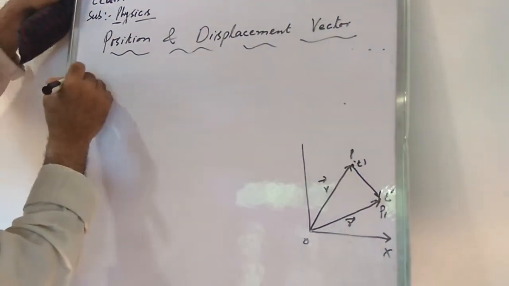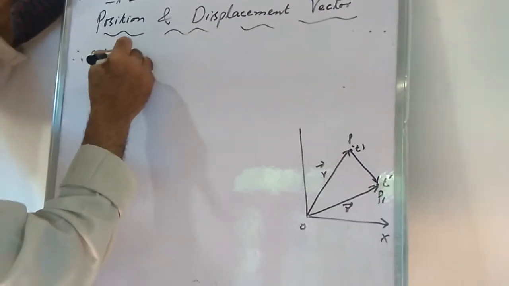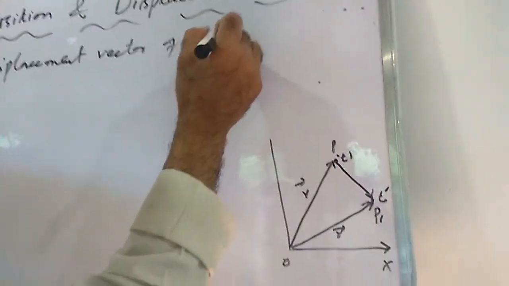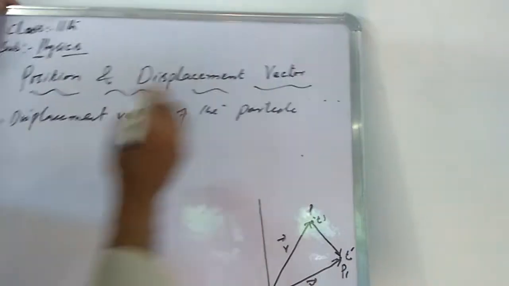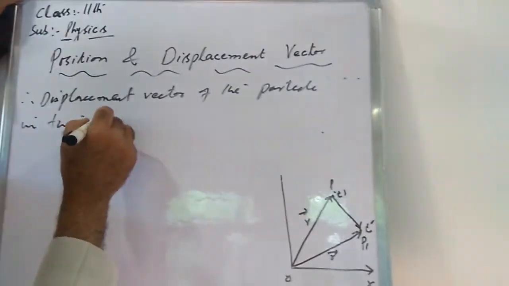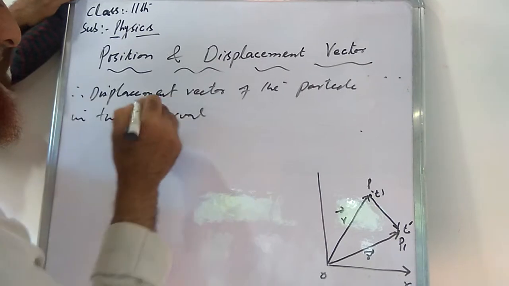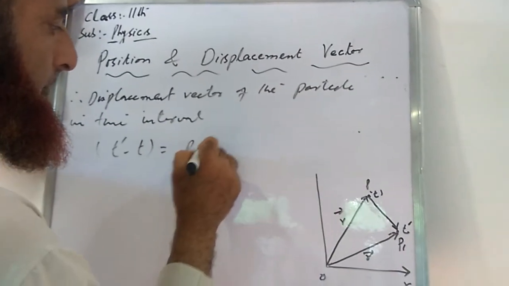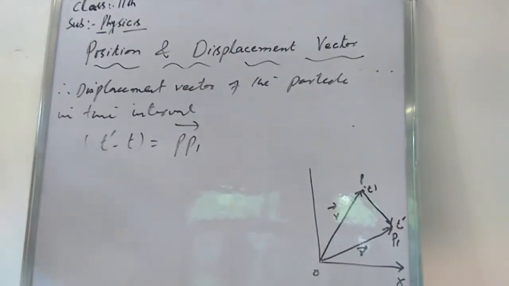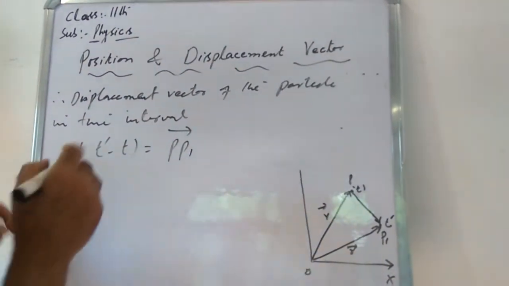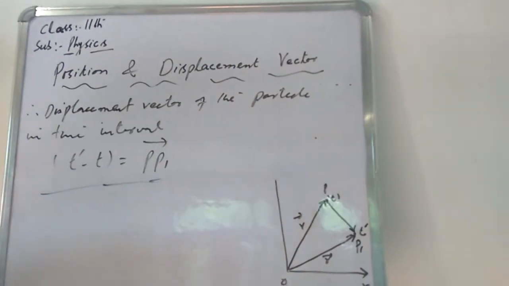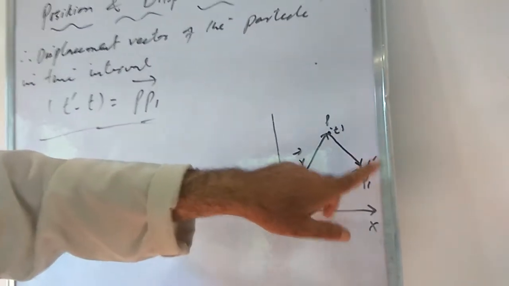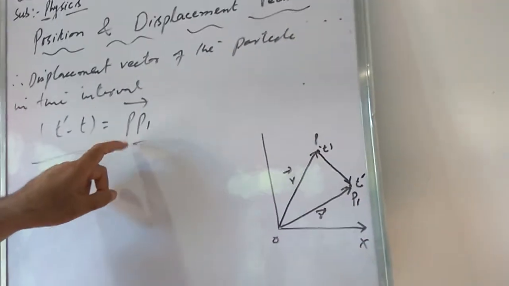Therefore the displacement vector of the particle in time interval t dash minus t is PP1. So this is the displacement vector. It is a directed line segment from the initial to the final position in a given interval of time. Time interval is t dash minus t. The position of the particle is P1.